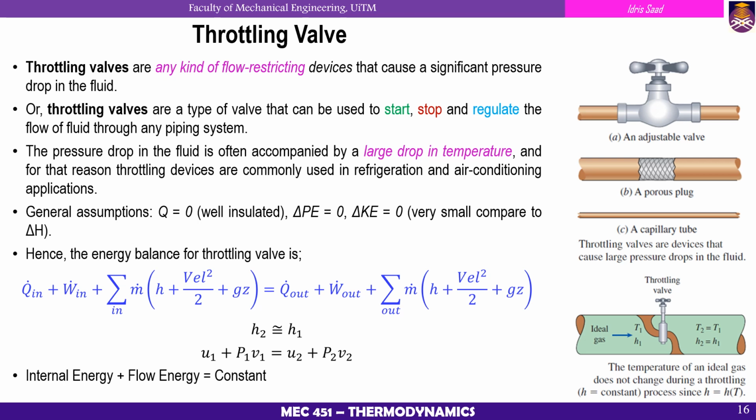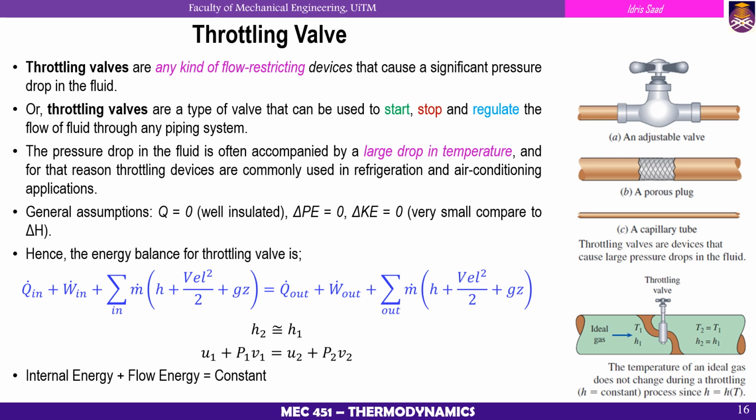Then we can control it by using an adjustable valve, as shown in figure A. When we want to control the flow, it normally involves a huge pressure drop. Note that the throttling can only reduce the pressure of the fluid flow but not increase it.